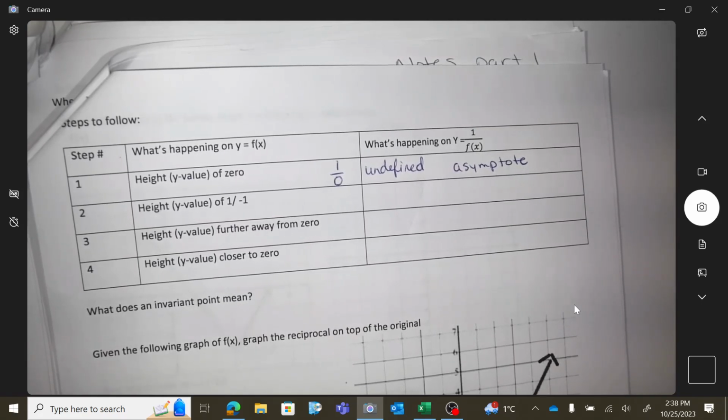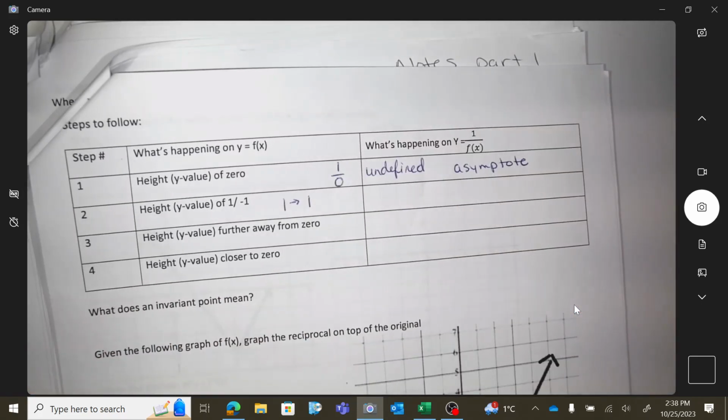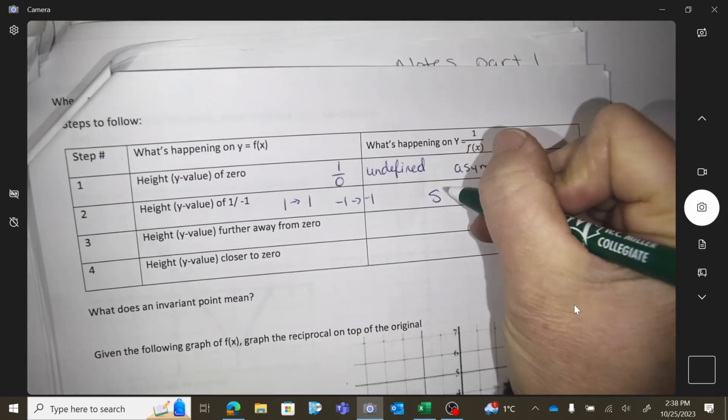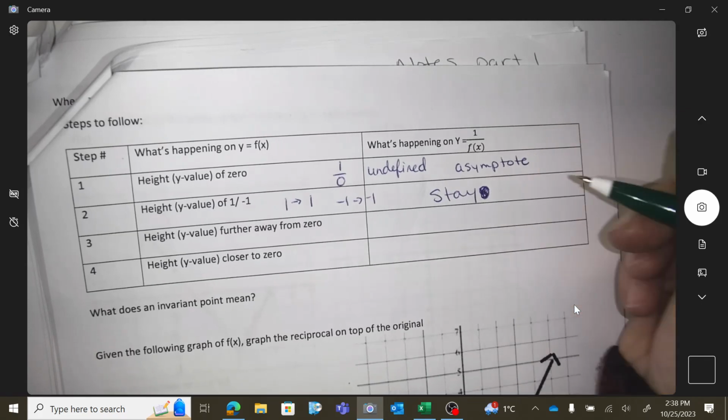What happens at heights of 1 or negative 1? Because what happens when you flip 1? Just 1. What happens if you change negative 1 around? Just negative 1. So can we say that those points would stay?